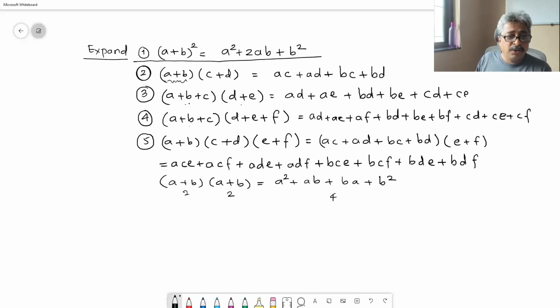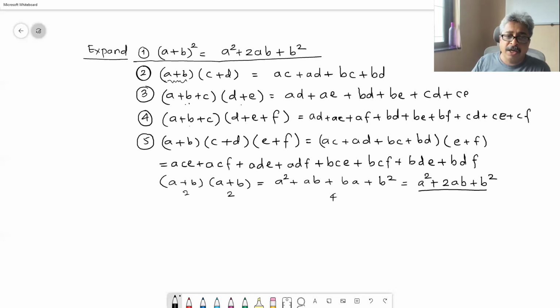However, because multiplication is commutative, AB and BA look alike. Therefore, we can write this expansion as a square plus 2 times AB plus B square. So eventually we end up having 3 distinct looking terms.